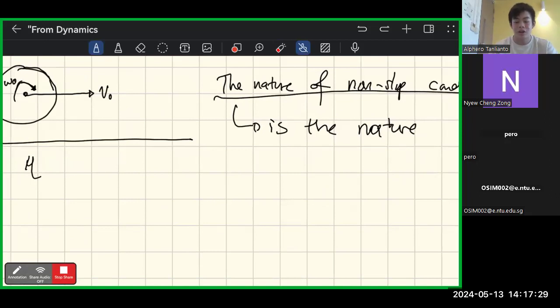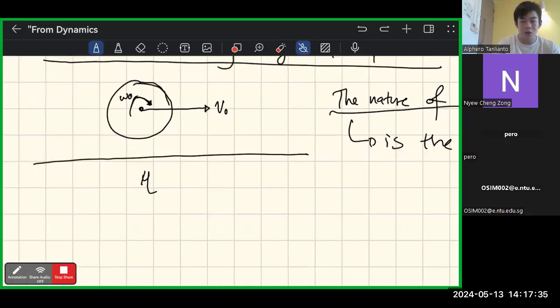That's usually the question: how long does it take to go from the slip condition into the non-slip condition? Got it? It's really hard.